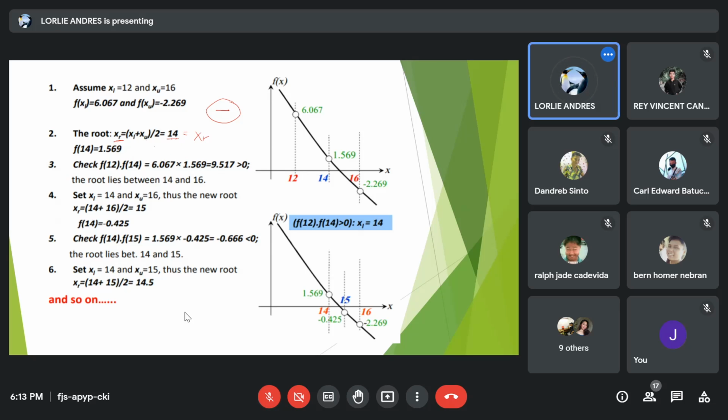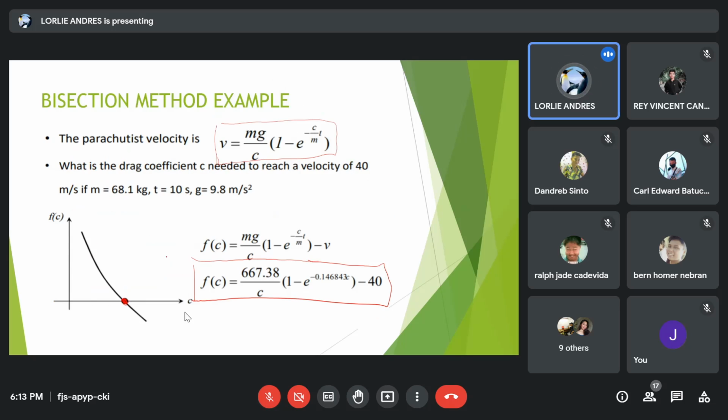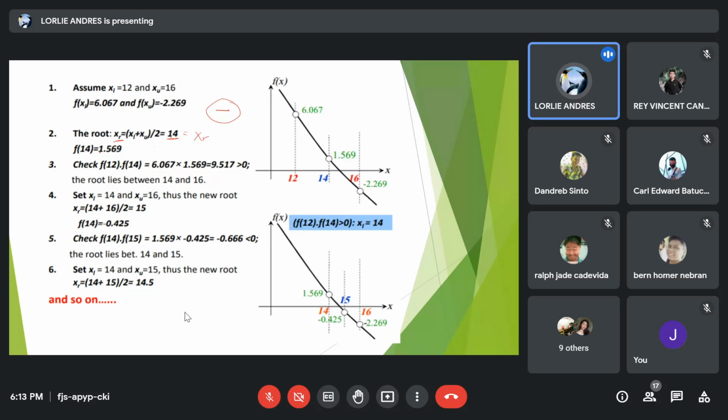And then, kung ang imuhang x sub R is equal to 14, i-substitute na po nimo si 14 dito sa imuhang equation. I-substitute nimo siya diri na equation, kuhaon nimo si f of 14. So, kung i-substitute nimo si 14 as your c in here, then, ang iyahang answer is equivalent to 1.569.